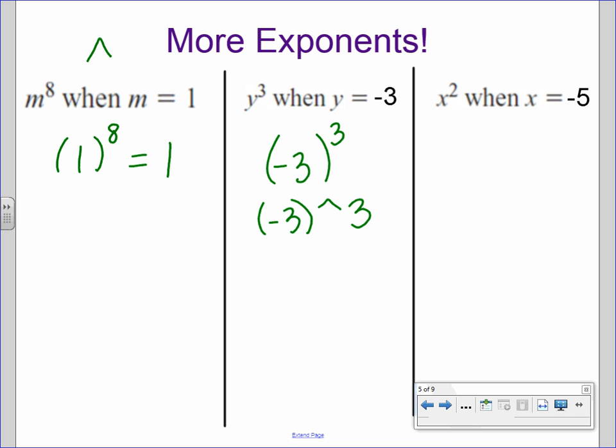You could type it in one line in the calculator. And again, graphing calculator, same way it's going to look. Answer is? Negative 27. Okay. So what would I have to do for the 3rd one up here? The answer is 25.